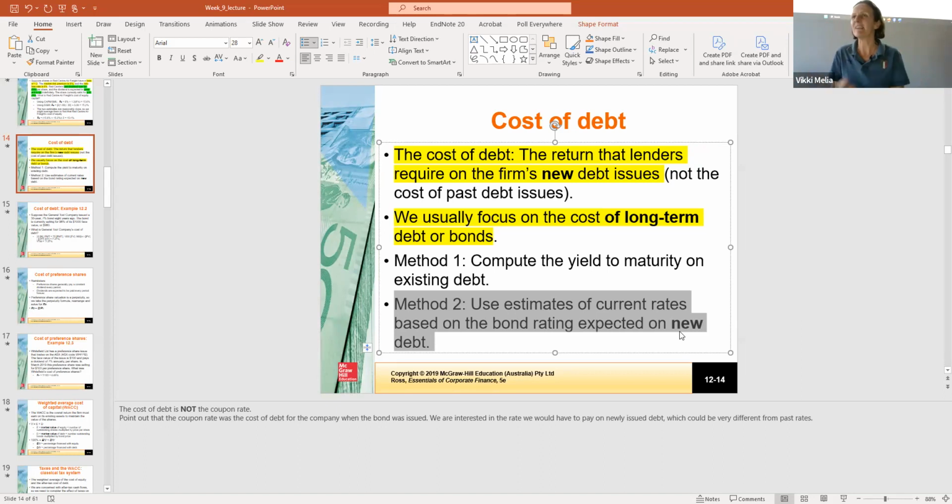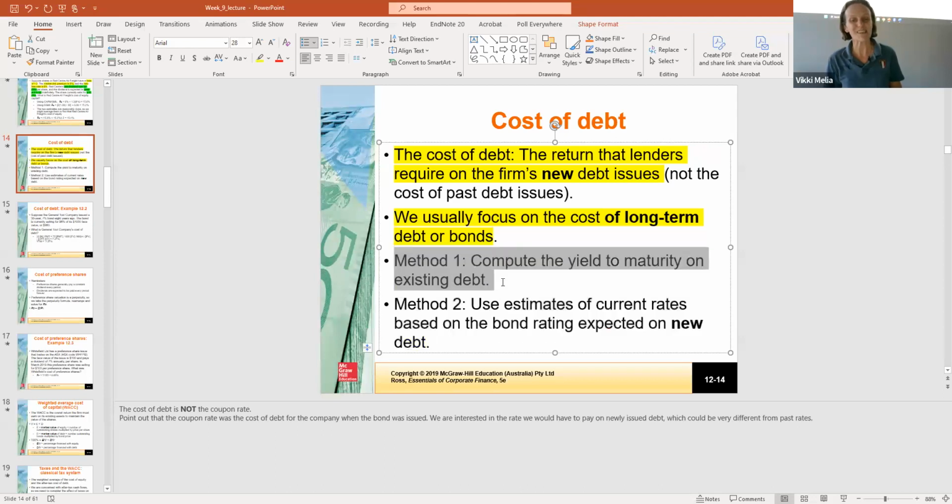That's ideally, but that's difficult to do in practice. So in practice, we normally use method 1 because it's easier to implement. Method 1 is just calculating the yield on the company's existing debt that they have on issue. Existing, not new. So we're actually looking at all the debts they've already got on issue and working out the cost of their current debts that they have on issue.